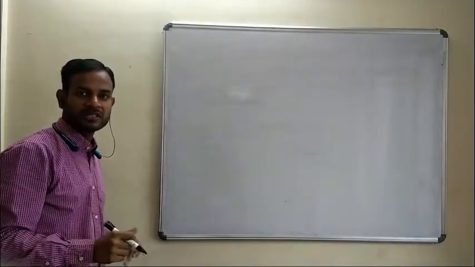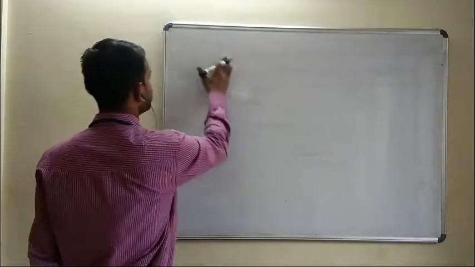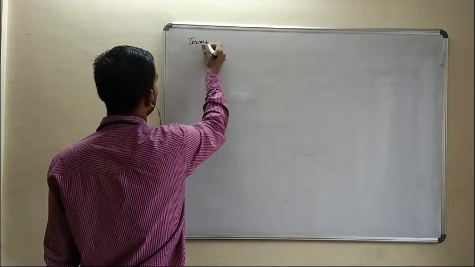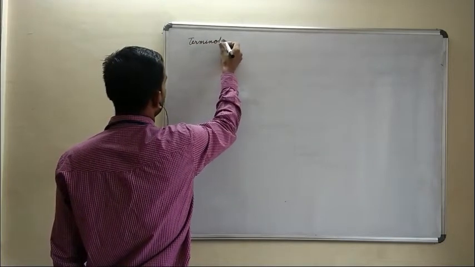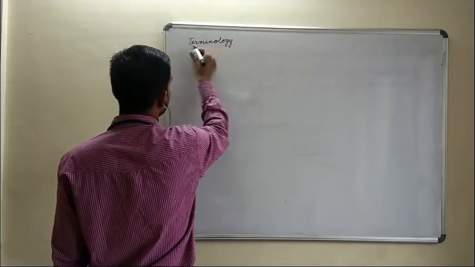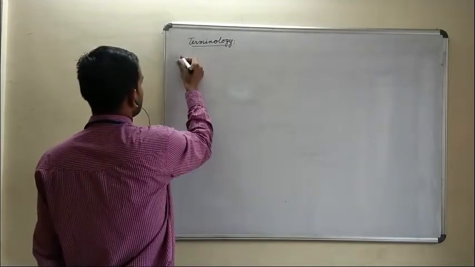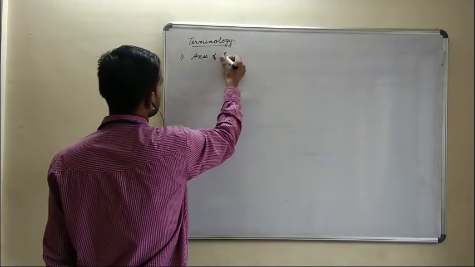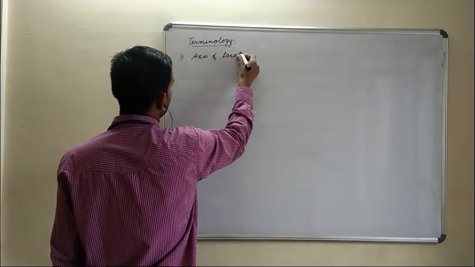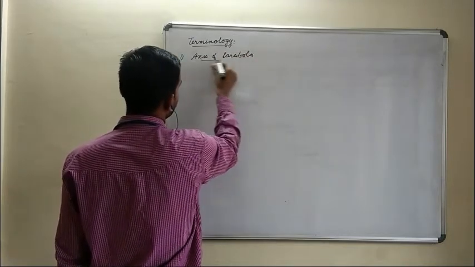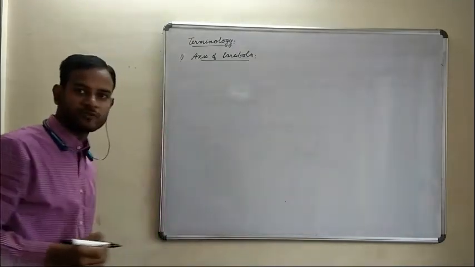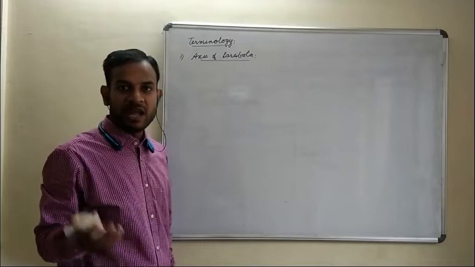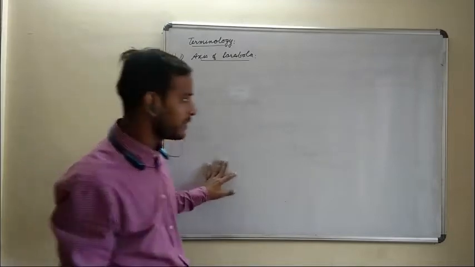Now we are going to discuss some terminologies of parabola. Okay, so the first is axis of parabola. So the axis of parabola is line which passes through focus and it is perpendicular to directrix.